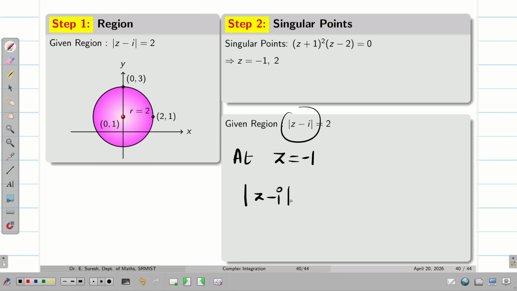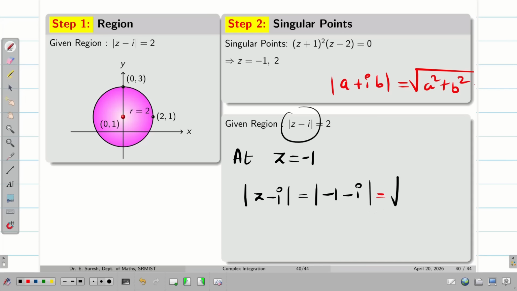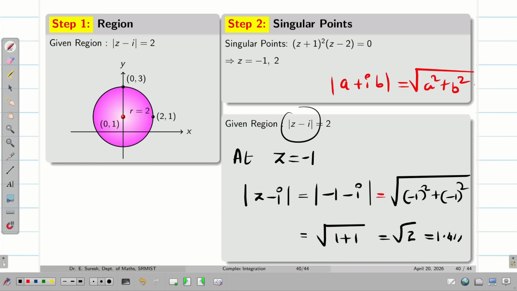Modulus of z minus I, that is equal to modulus of minus 1 minus I. Just now we see the formula. Modulus of a plus ib is square root of a square plus b square. Therefore, square root of minus 1 whole square plus minus 1 whole square, it is going to be square root of 1 plus 1, root 2. Square root of 2, use your calculator, it is 1.414.